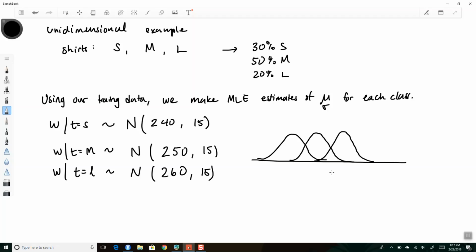And because of the great overlap, if we observe an observation at, let's say, 253, all right? So let's say x is 253, and the question is, what is the class?